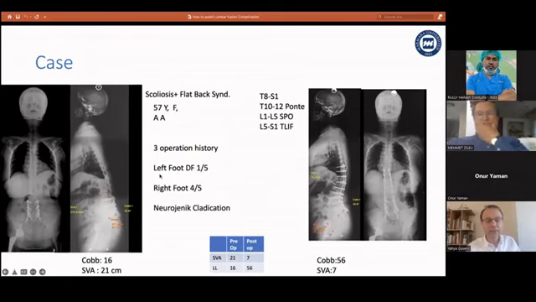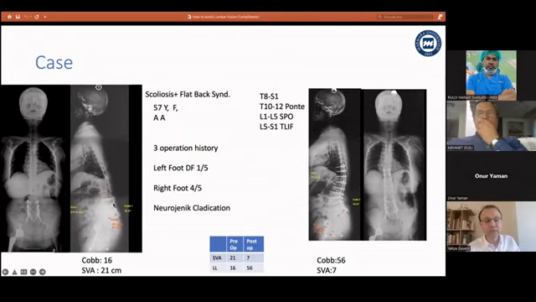Again, a patient who has a history of 3 operations at these levels, and again, there is not enough lordosis in the rods, and there are no interbody grafts here.